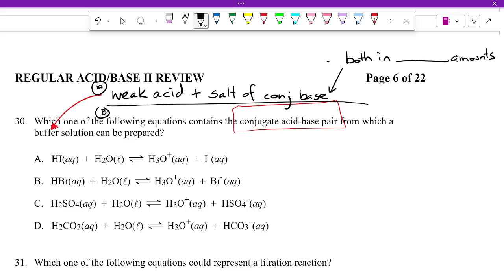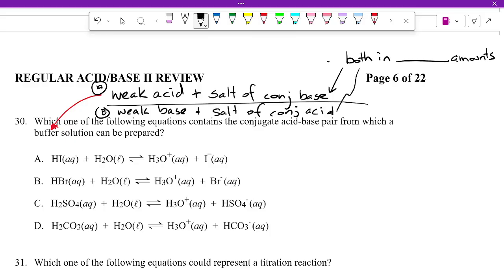Or if you don't want a weak acid and the salt of its conjugate base, what else could you have? You could have a weak base and the salt of the conjugate acid.